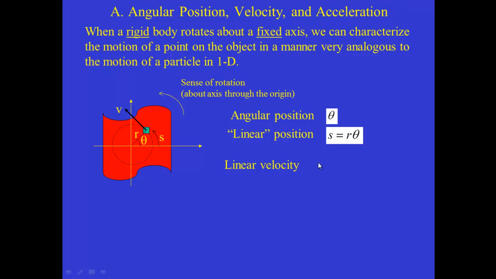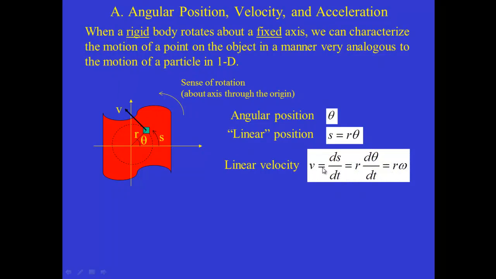So ds/dt would be the linear velocity of that object. v is equal to ds/dt, which, if we just plug in s equals r theta, and remember that r is a constant, well, the r comes out in front, and ds/dt is the same as r d theta/dt. So remember, d theta/dt means the rate of change of angle with respect to time. And we give a simple symbol for that, omega, the Greek letter omega, lowercase omega.